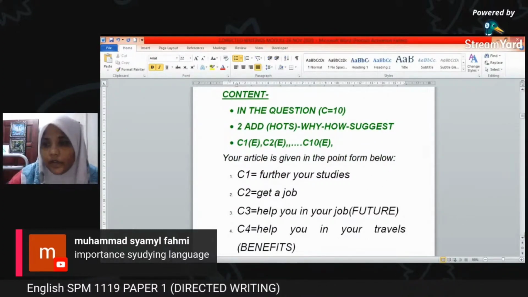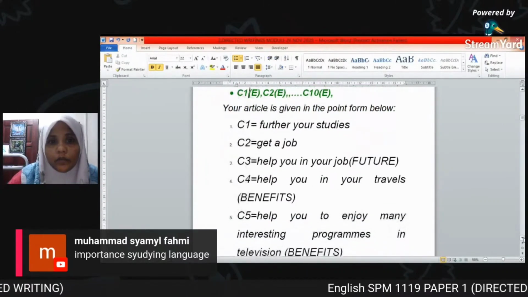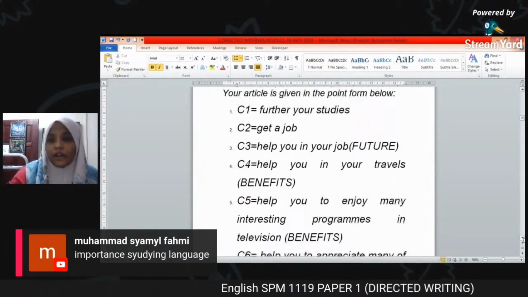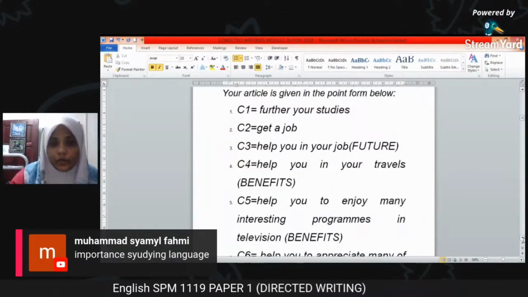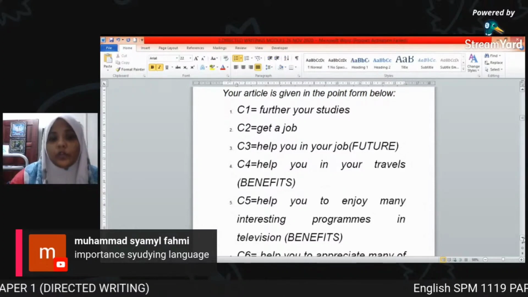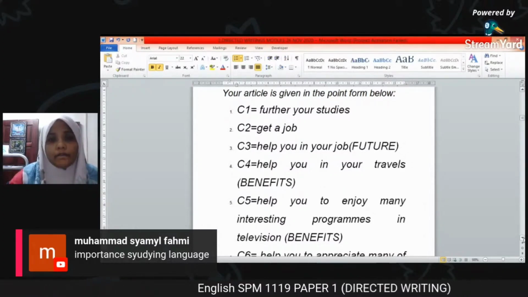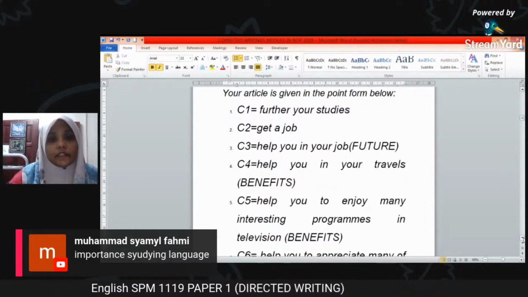Your article is given in point form below. I only provide 6 because we don't have much time. So I'll just go through all these 6. Point number 1, further your studies.